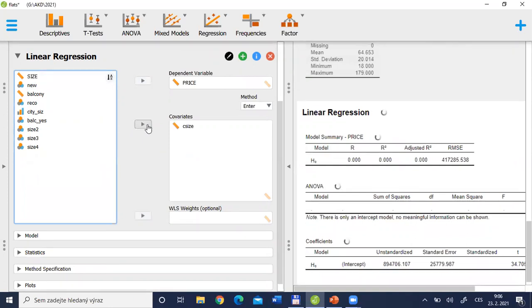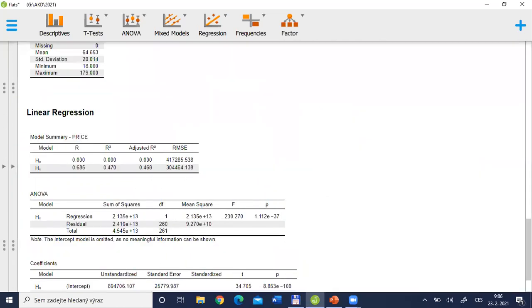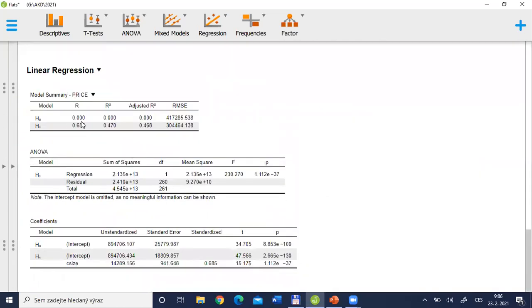In a few seconds, JASP will recompute our results, and we can quickly skip results from the first table, as the explanation must be the same. We have still the same variable, only we shifted the scale of the independent variable. So explanation is approximately 47%.